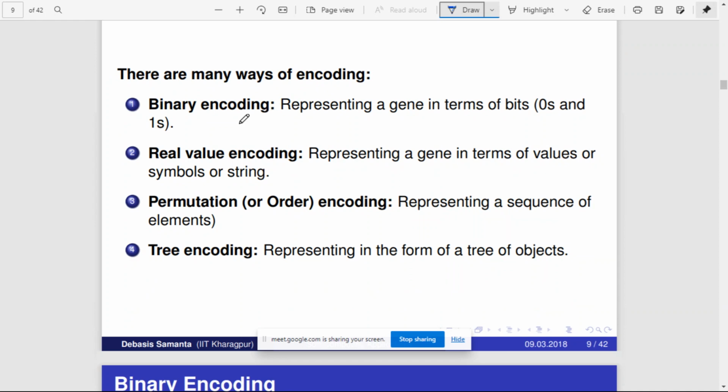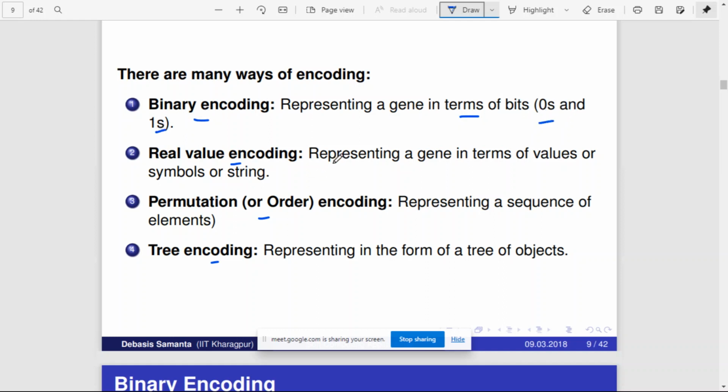So these are the four encoding schemes which we are going to discuss: binary encoding, real value encoding, order encoding, and tree encoding. In case of binary encoding, we represent the gene in terms of bits, zeros and ones. It's a combination of zeros and ones.